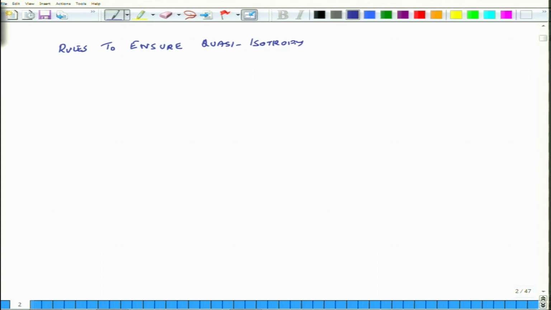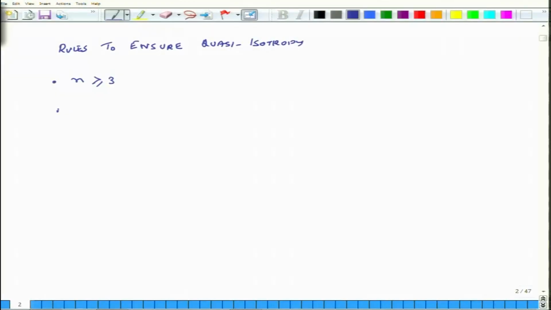The first thing is that the number of layers should be more than or equal to 3. You cannot have a quasi isotropic laminate if you have less than 3 layers. So, minimum is 3.